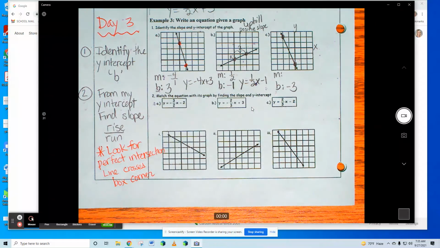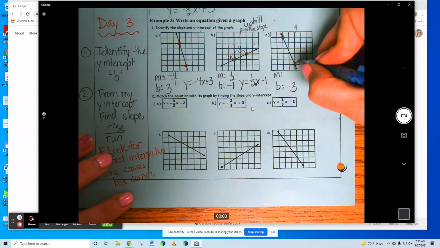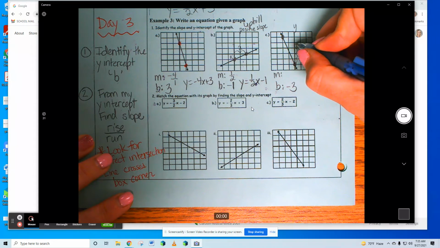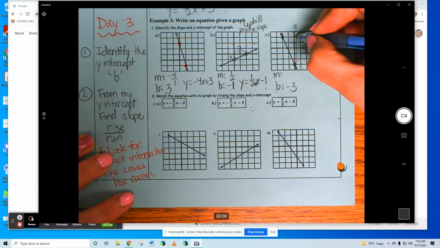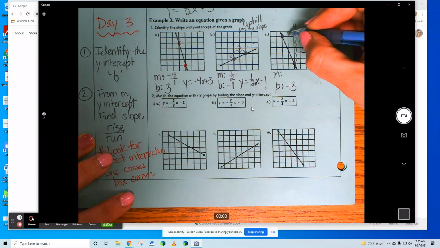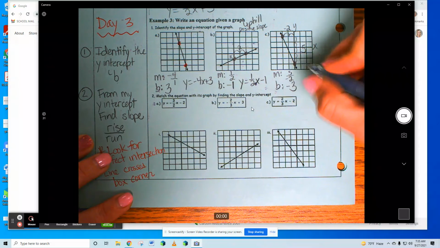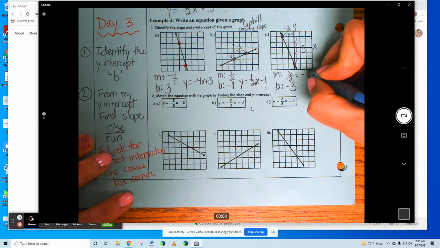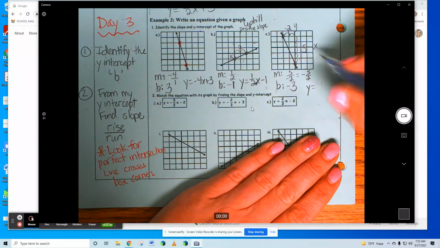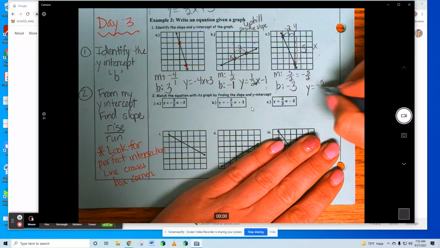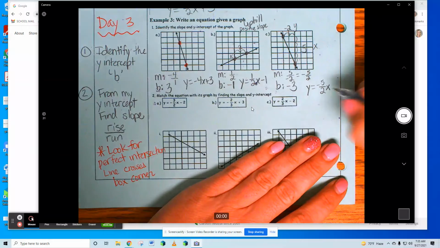I had to pick a perfect intersection. So how many am I rising? Table 8. 1, 2. Good. I rose 5. And I ran to the left, -1, -2. 5 over -2, that's the same as -5/2. y equals m, -5/2 x plus b. Well, it's a minus b in this case, -3.